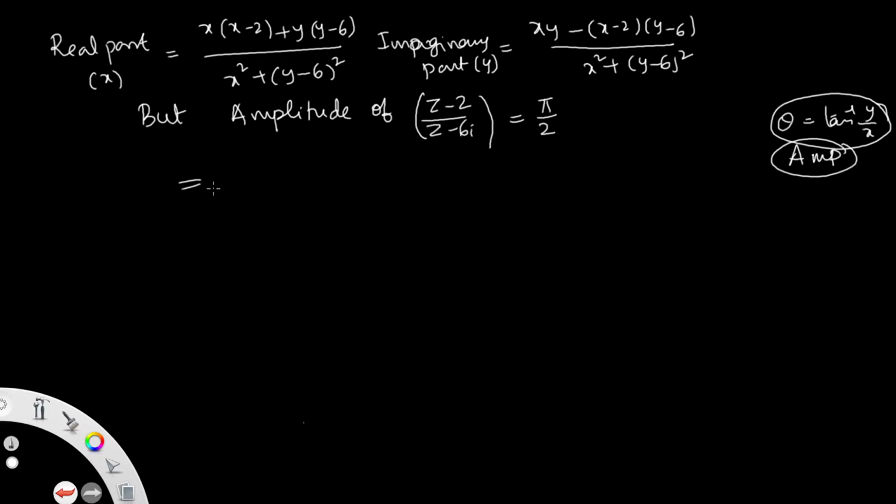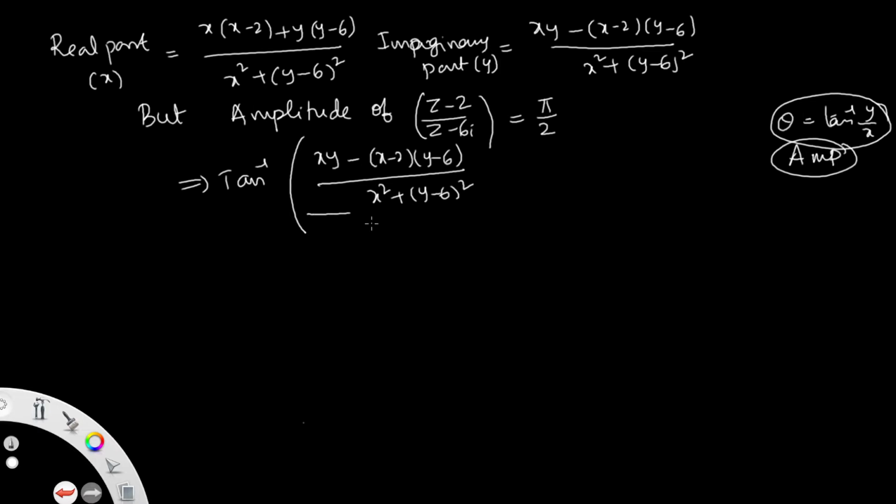Tan inverse of y by x. Y means xy minus x minus 2 into y minus 6 by x square plus y minus 6 whole square, divided by x, meaning x into x minus 2 plus y into y minus 6 by x square plus y minus 6 whole square.